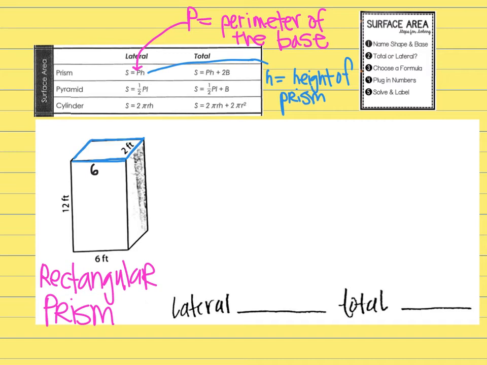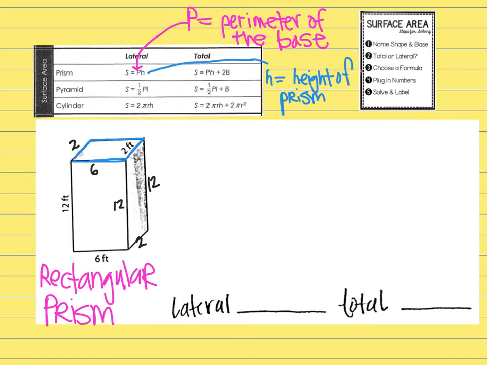The 12 is also going to carry itself across to here and also to here. And then the other number is the 2. It's going to also transfer itself down to here and across to here. If you don't want to put all these numbers in the different spots, you don't have to. I'm just going to label mine a little bit more.